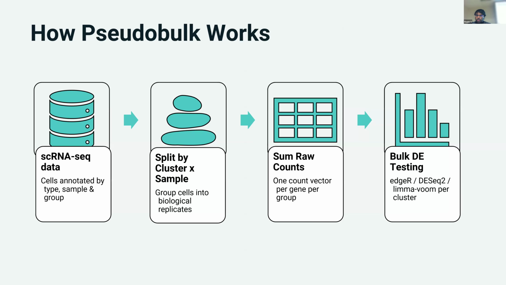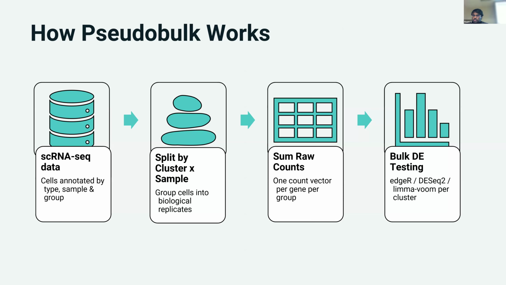So going into how pseudobulk works, you start with an annotated single cell object, and you split the cells by both cluster and sample. So if you have 8 cell types and 16 samples, you end up with 128 groups. You can then sum the raw counts within each group to get one count vector per gene.